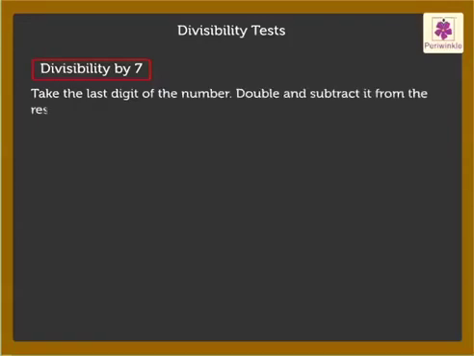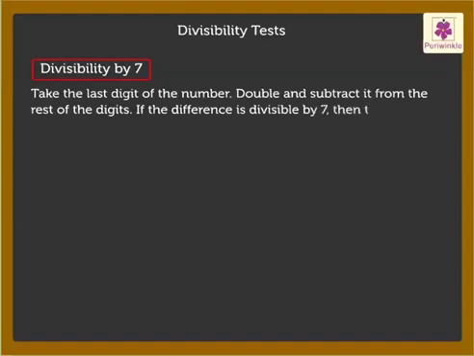Divisibility by 7. Take the last digit of the number, double it and subtract it from the rest of the digits. If the difference is divisible by 7, then the number is divisible by 7. For example, look at the number 672. Firstly, double the last digit 2.